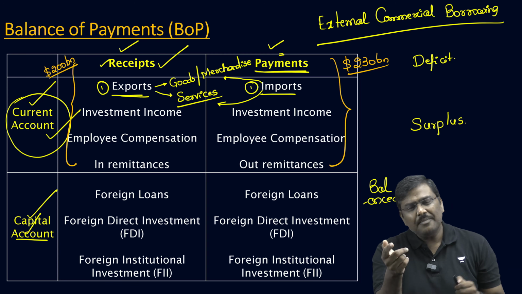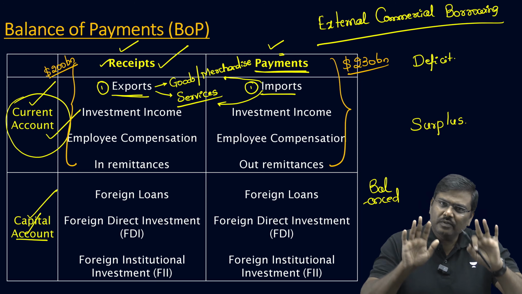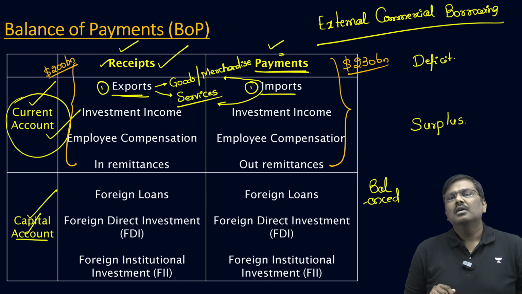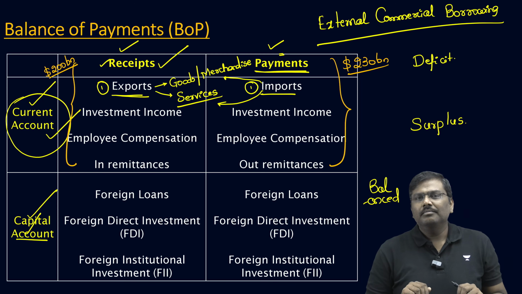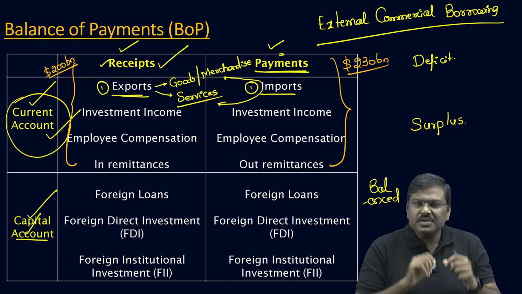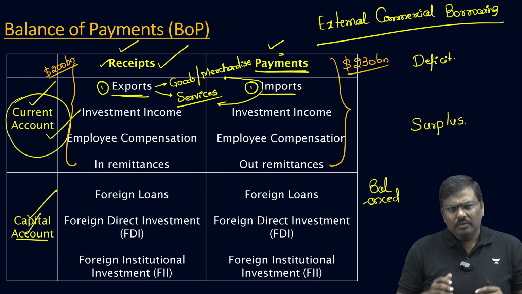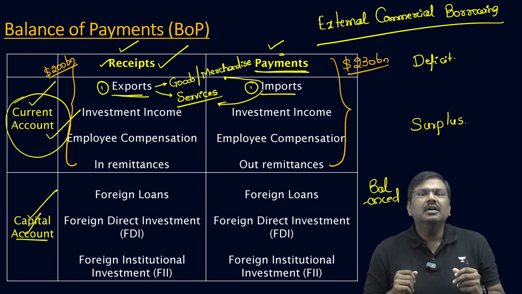And if it is vice versa, current account surplus, and finally balanced current account if both are one and the same. Generally, in case of India, traditionally, we experience a current account deficit.